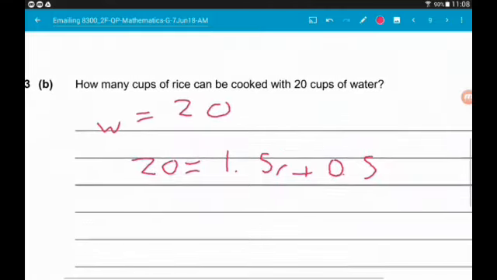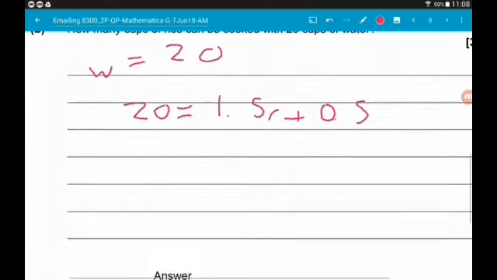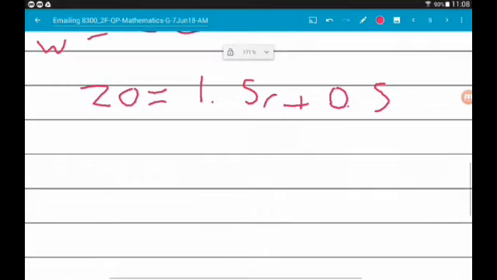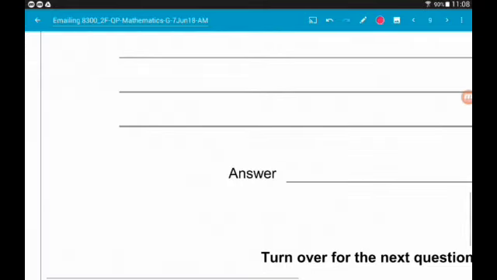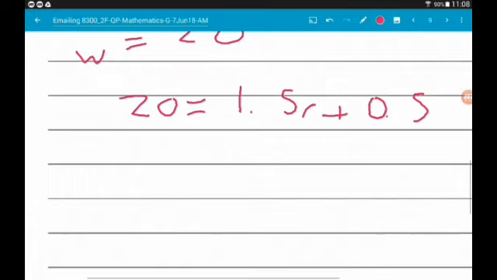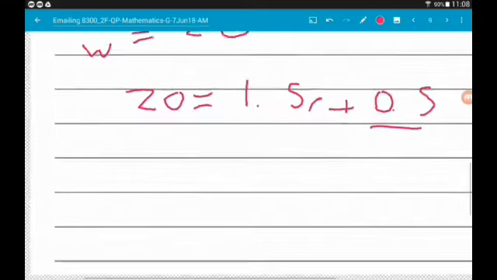So we now want to solve this for R. So first thing we're going to do is subtract 0.5.